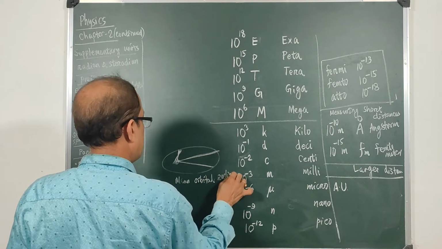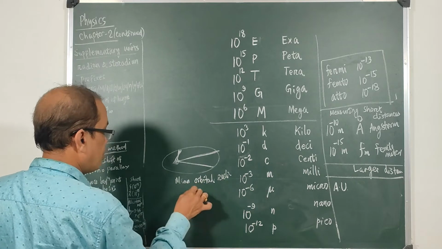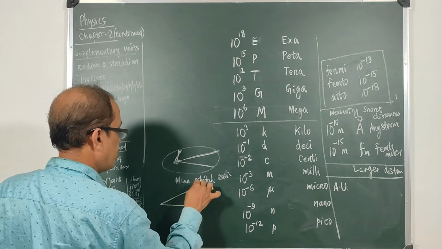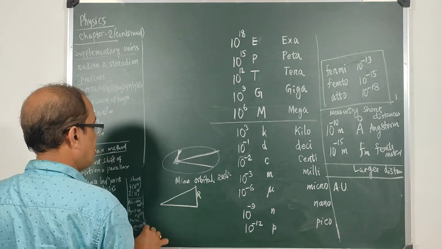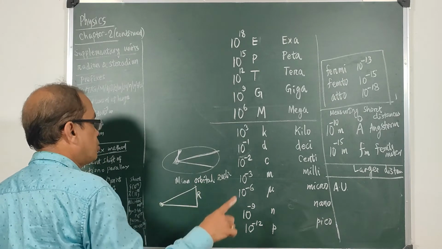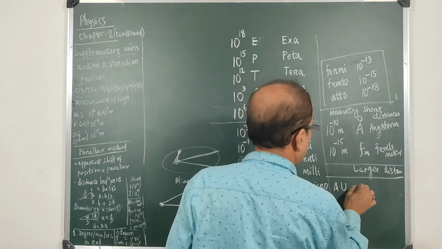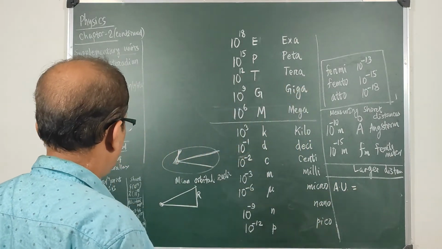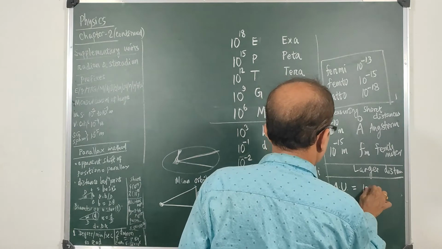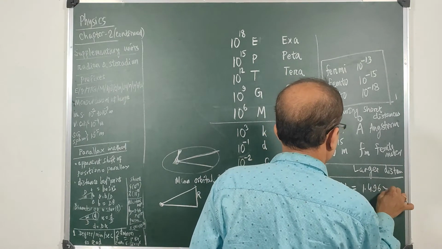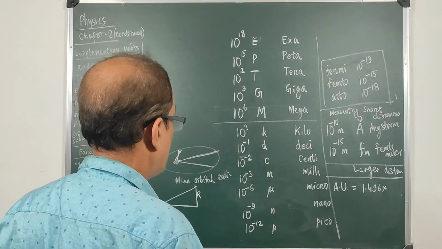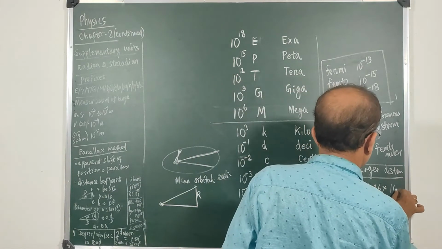is taken, then the distance of the sun and earth on average will be taken as 1.496 into 10 to the 11 meters.